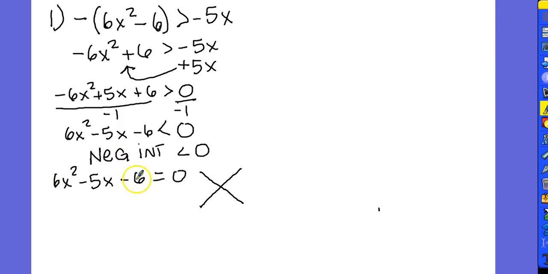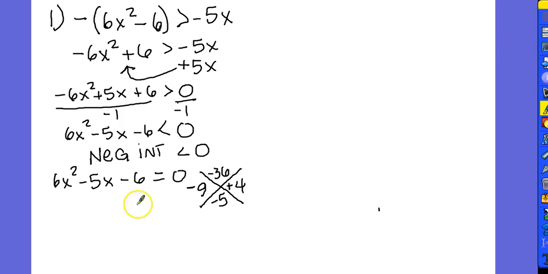So we get 6 times negative 6 is negative 36 using our AC method. And our B term is negative 5. So we're looking for two numbers that multiply to negative 36. So I know I need one negative and one positive for sure. That add to negative 5. So negative 9 and 4 will give us those.